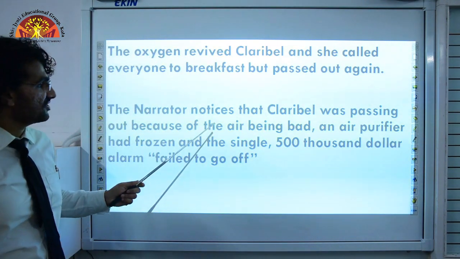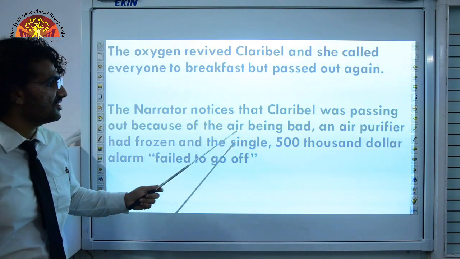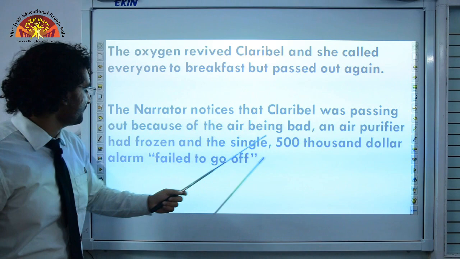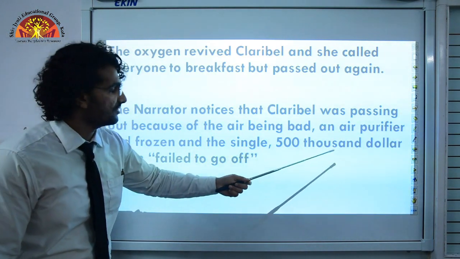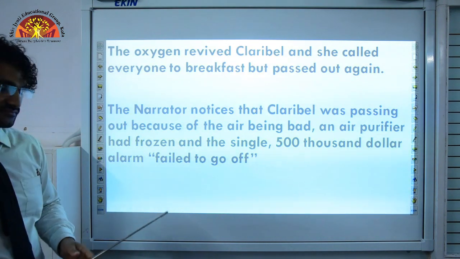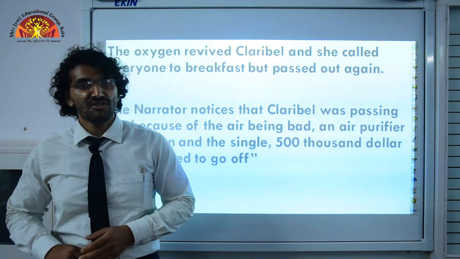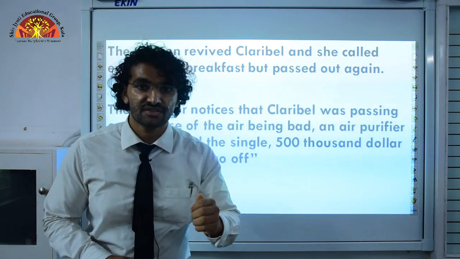The narrator notices that Claribel was passing out because of the air being bad. An air purifier had frozen, and the single $500,000 alarm failed to go off. So there has been a mystery behind it, which the narrator has got to know just now.